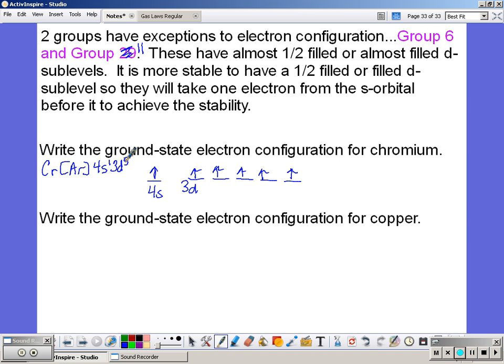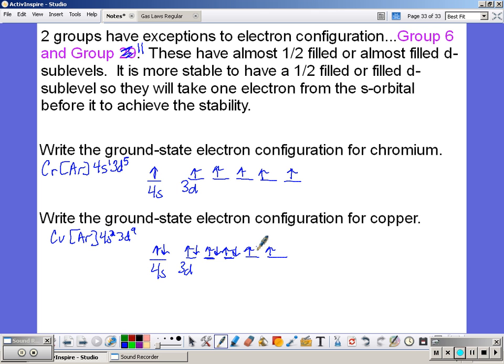Group 11 does something similar. If we look at copper, copper's noble gas configuration is argon, 4s2, 3d9. If we look at the orbital notation, one on each line, and then we would go back and pair up, but we would be one shy of filling the 3d.